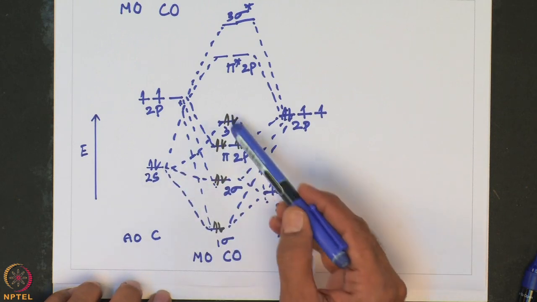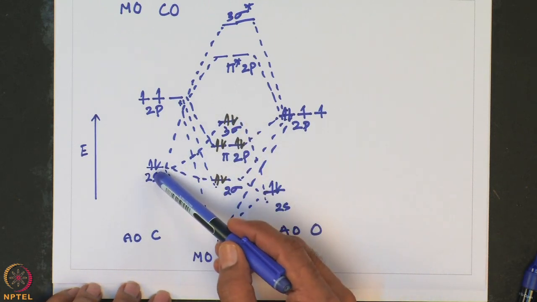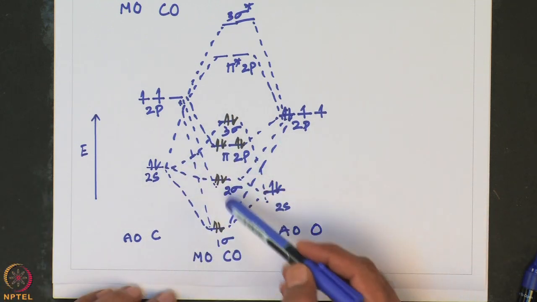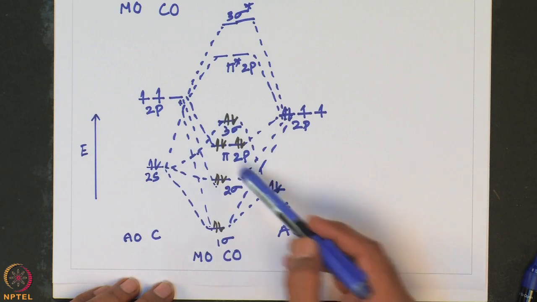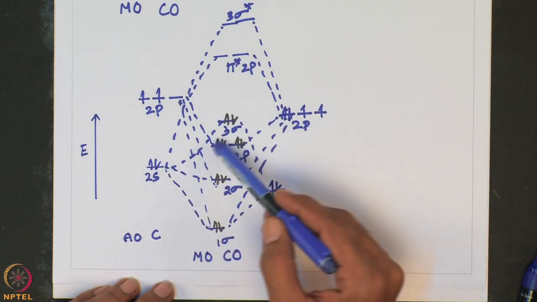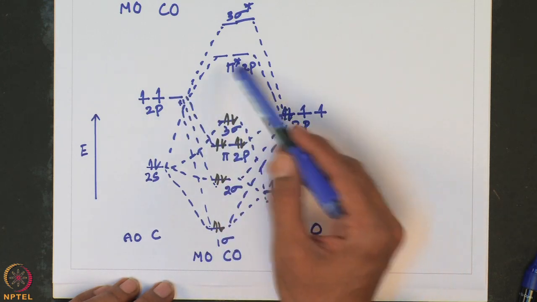Now, 2s has symmetry for sigma; all sigmas interact with 2s, it is head-on, end-to-end overlapping. So, here all are connected, whereas pi does not connect with 2s. So, it shows only interaction of these 2p orbitals of carbon as well as oxygen.